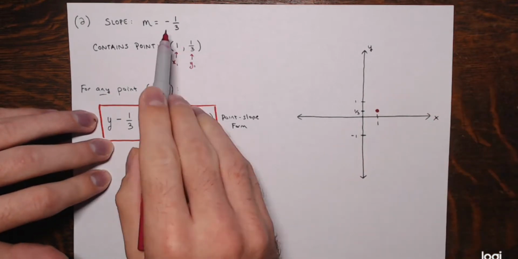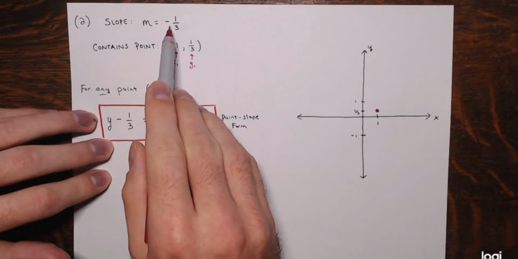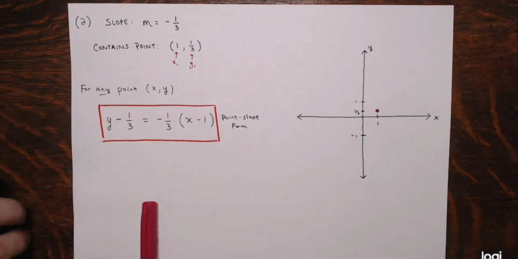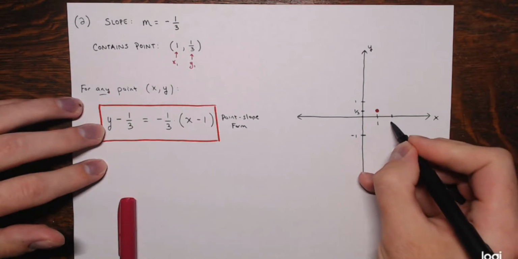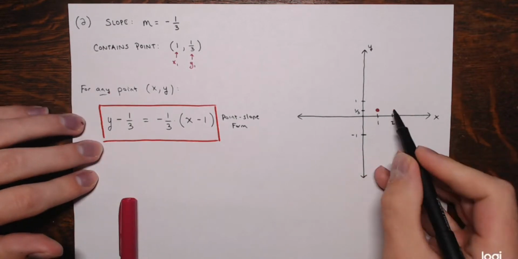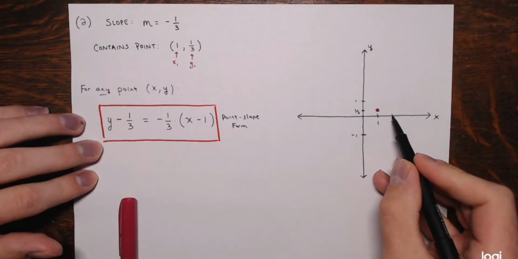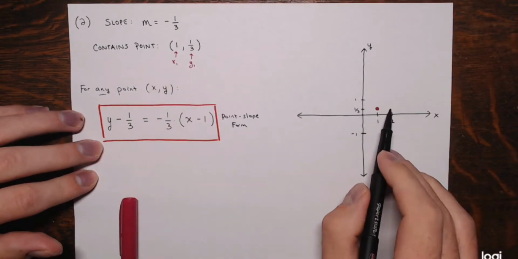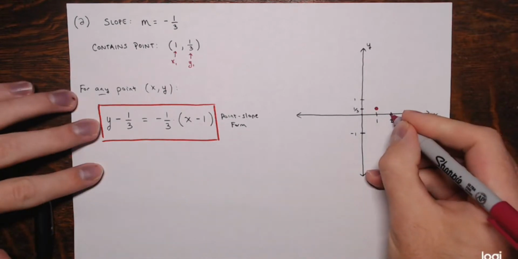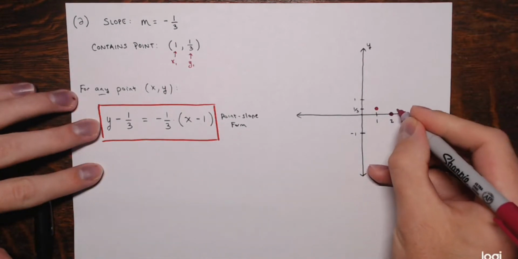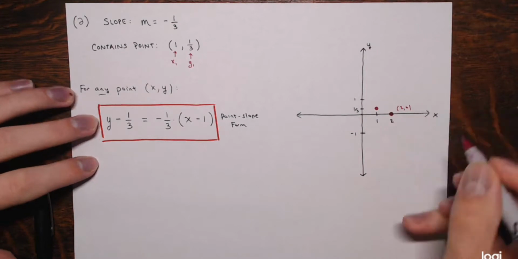And then the slope is negative 1/3. So that means if I go to the right 1 unit, if you increase x by 1 unit, you'd have to decrease y by 1/3. It's a negative 1/3. So that actually gives me a nice point here. 2, 0 is on this line. 2, 0, that's the x-intercept.